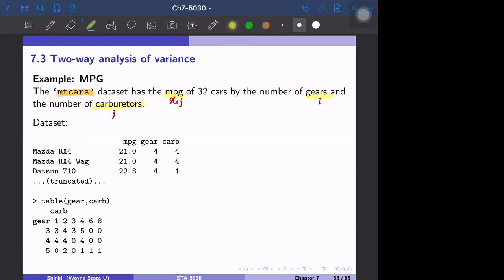We have the type of carburetor 1, 2, 3, 4, 6, 8, and the number of gears 3, 4, 5. So we have 3 levels here and 6 levels here, but the observations are not complete, with some zeros, and also unbalanced, sometimes 1, sometimes 3, 4, 5, 2 maybe. So this is unbalanced data.